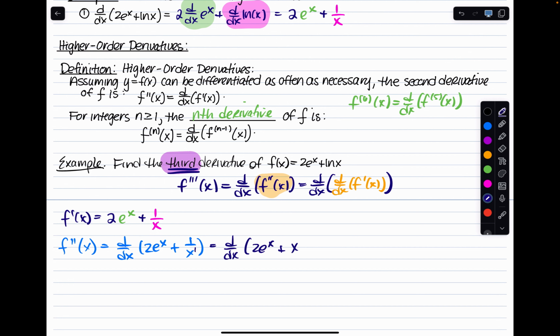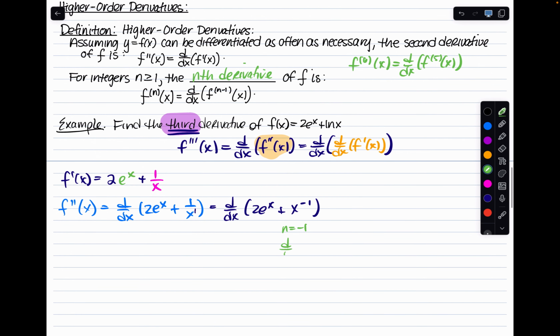And remember our exponent rules. If I have an x in the denominator of a fraction, I can bring that x to the numerator as long as I negate the exponent. And just as I said, these numbers don't have to be positive integers. A power of n equals negative 1 for our power rule is valid.